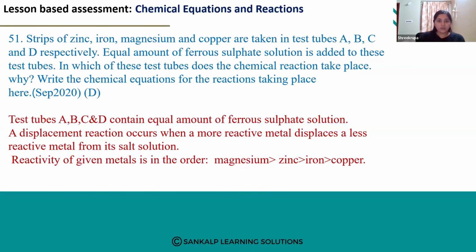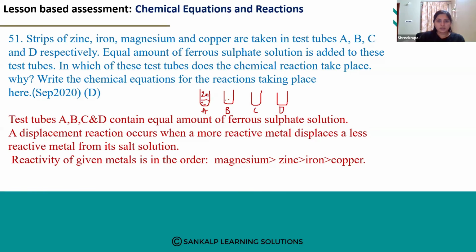So, we have 4 test tubes. This is test tube A, test tube B, test tube C and test tube D. So test tube A contains zinc. Okay, let's name this zinc.